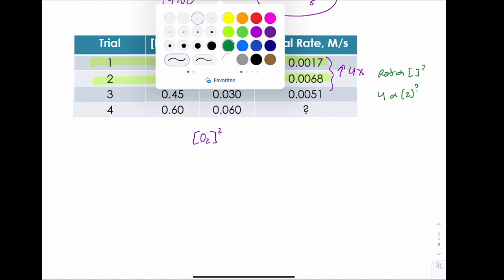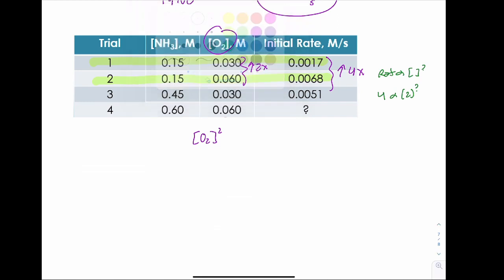Okay, 2 more trials. Let's look at trials, I guess 3 and trial 1. Let's erase the others here. So if I look at trial 3 and 1, right, oxygen's not changing, but my concentration of ammonia is.